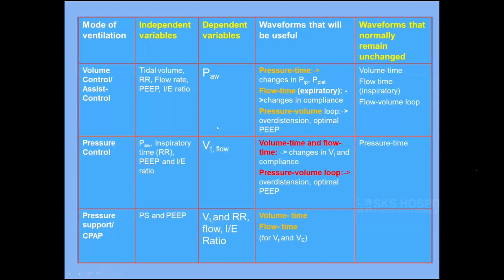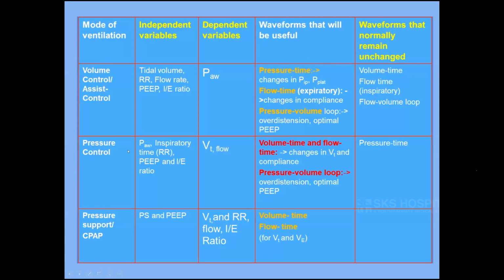So the next slide tells you, based on the mode of ventilation that you've chosen, let it be volume controlled or pressure controlled or pressure support spontaneous breaths, the parameters or the waveform that you need to monitor. In a volume control, it will be a pressure time scalar.